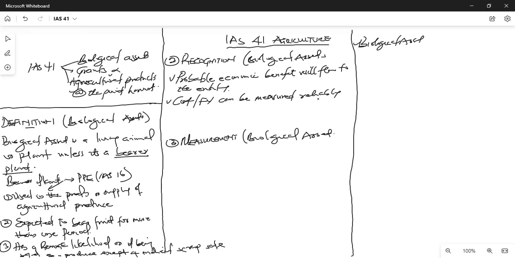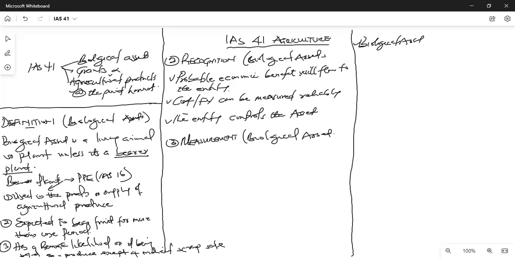And the last thing we need to introduce is that it is an asset, and therefore the entity controls the asset, in this case, the biological asset. All right. So that is what we need to go through.